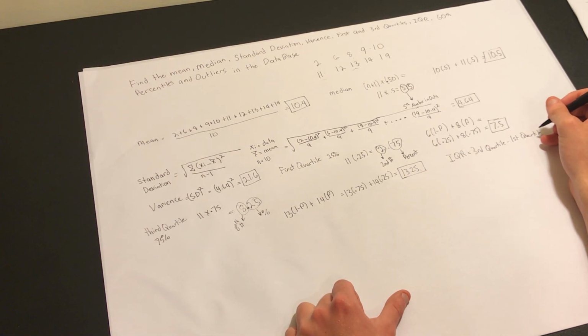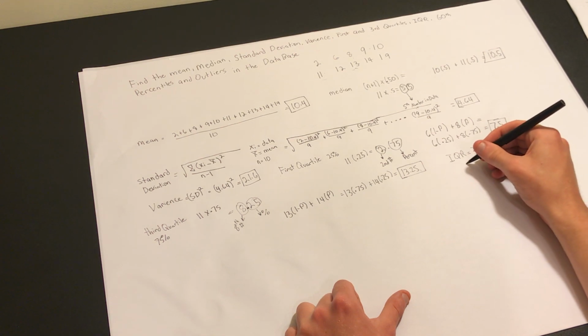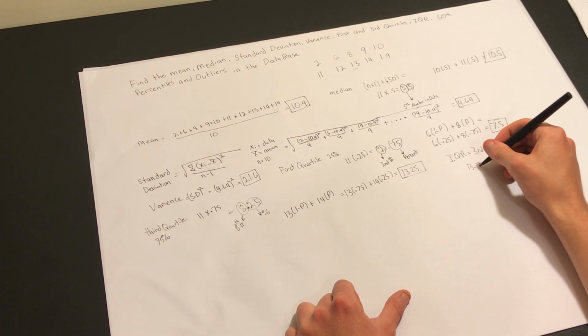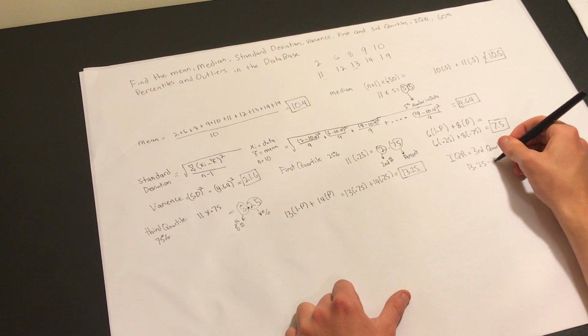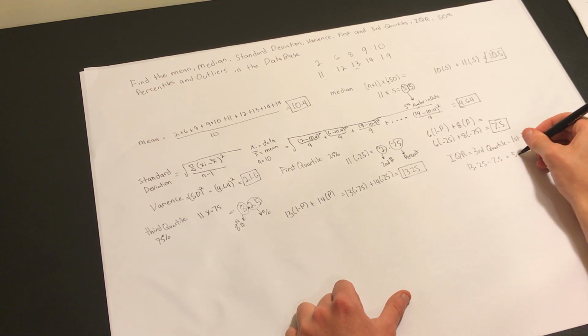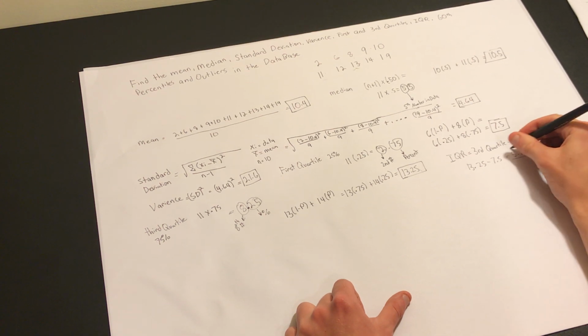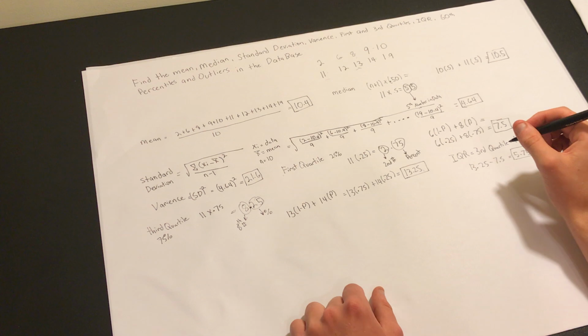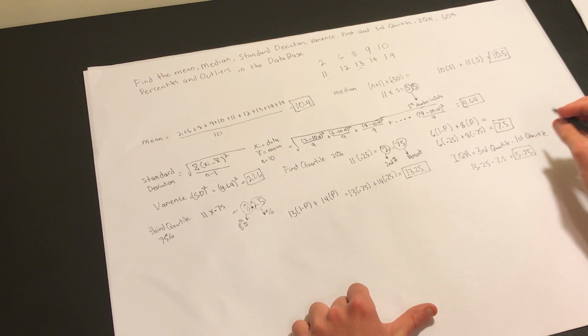So we're going to get 13.25 minus 7.5 equals 5.75 for the IQR. And we're going to be using this to find outliers.